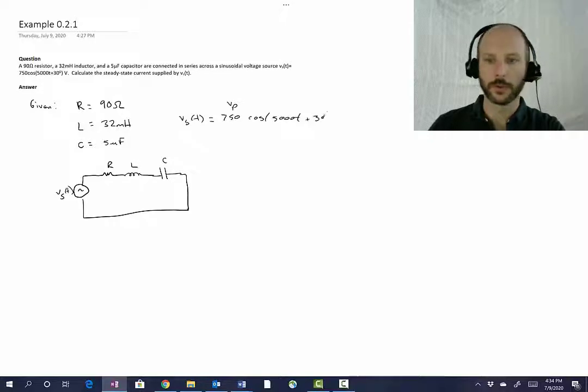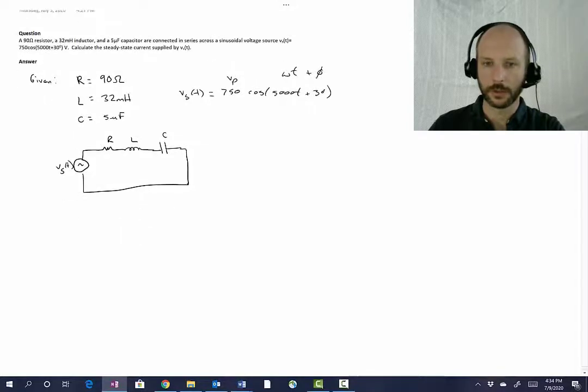If you're unfamiliar with that, I encourage you to go look back at your ECET 277 information. Vp times the cosine of omega t plus phi is a standard format for a time varying voltage waveform.